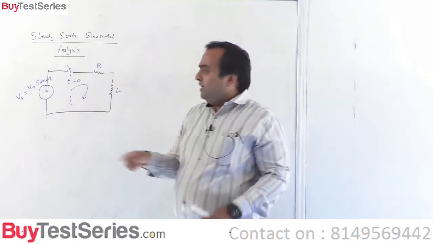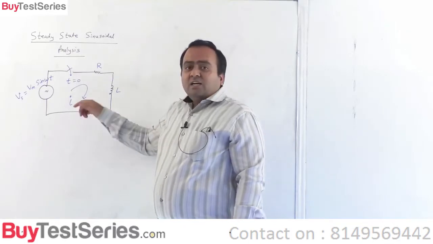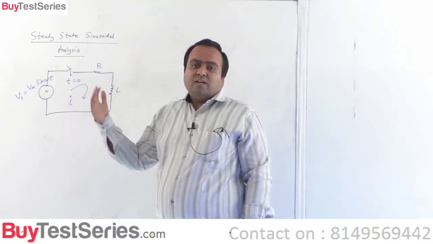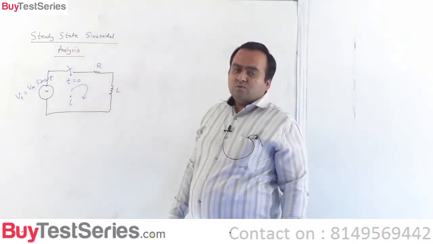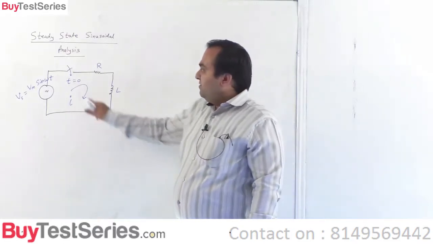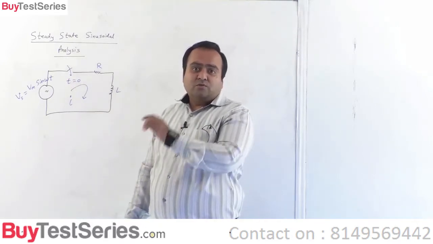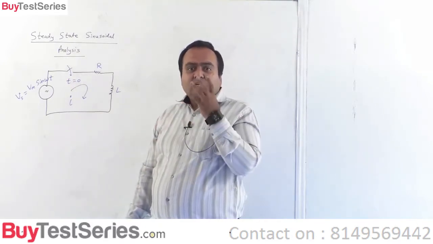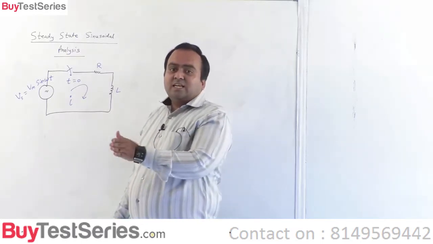Now what happens when you close this switch? This current takes some amount of time to reach its steady state. This you must have studied in your control system course, that when we close the switch at t equal to 0, it will take 4 time constants, 4 upon zeta omega n, for this current to come to a steady state.